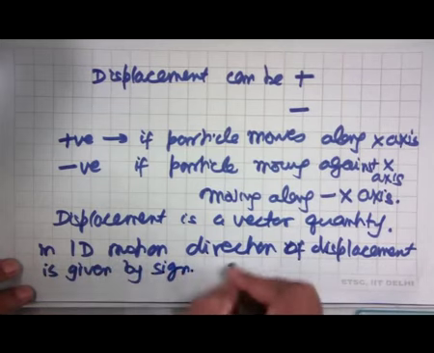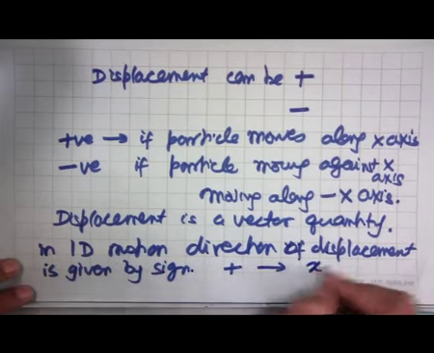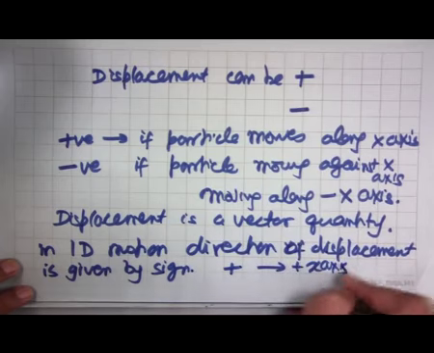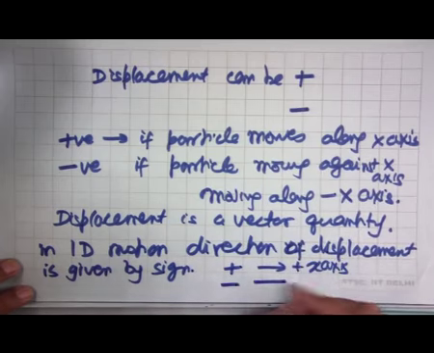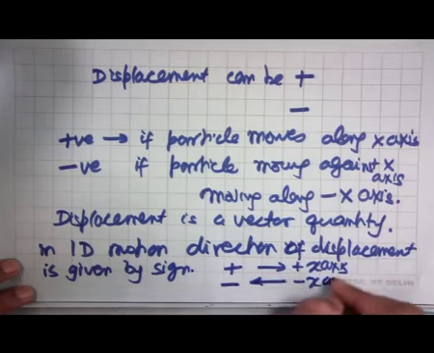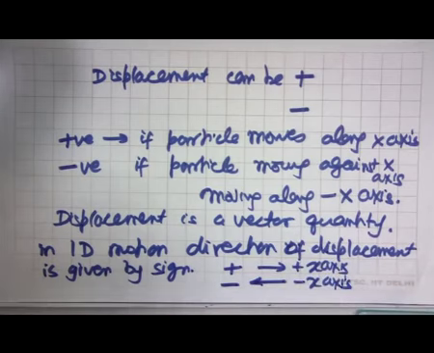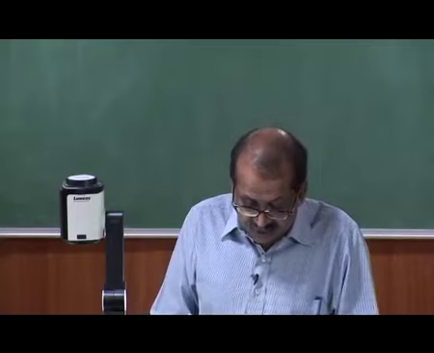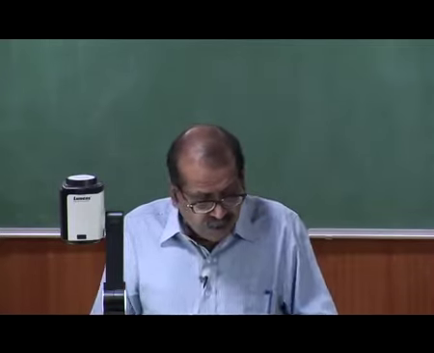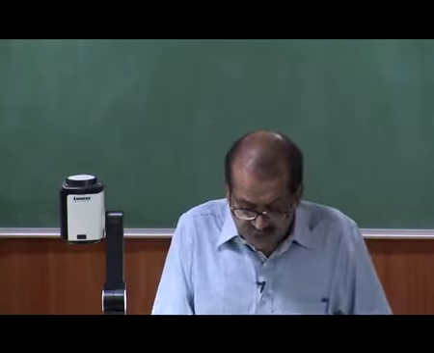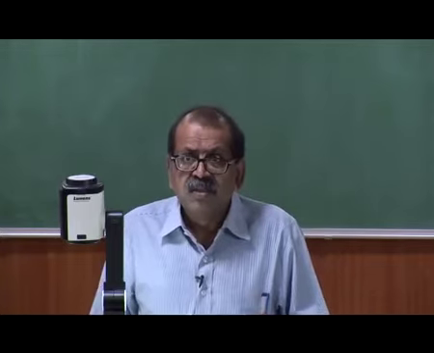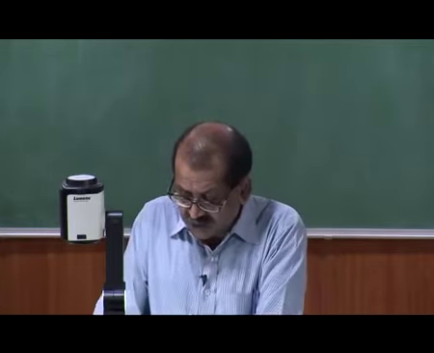If displacement is positive, then it is along the plus x axis, and if it is negative, then it is along the minus x axis. So, this is how one writes the displacement as a vector, and it is clear from here that displacement is not the same as path length. They are two different quantities.